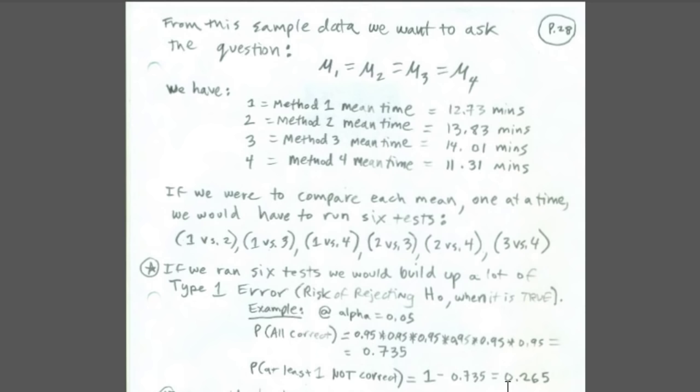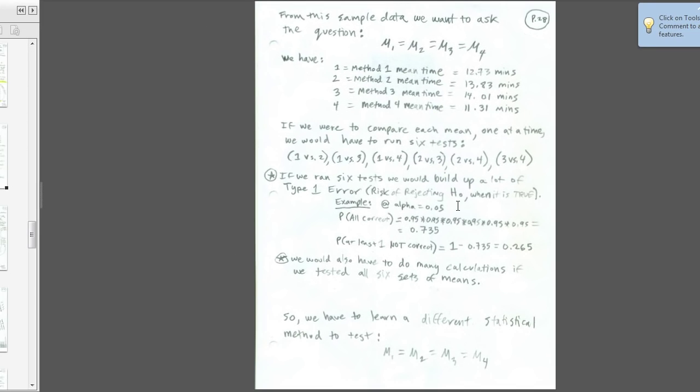We could take 1 minus that. Wow, that is a huge amount of type 1 buildup risk. So even though we had alpha of 0.05, when we ran all 6 tests we'd have a huge alpha risk. And also, of course, we'd have to do many calculations to test all 6 means.